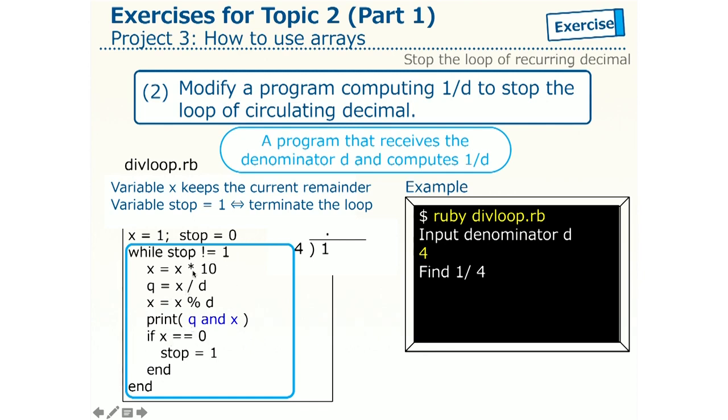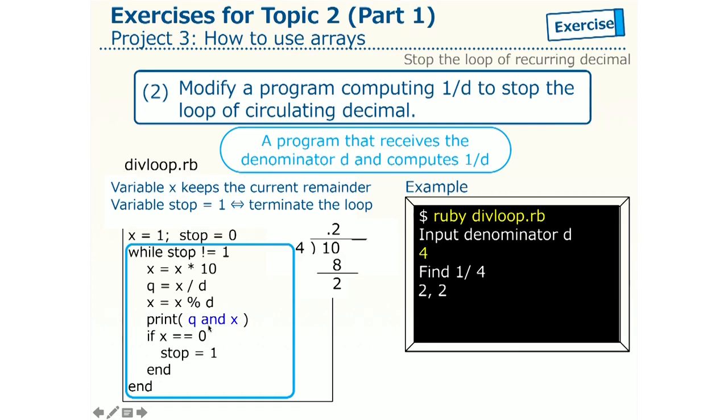First, the value of x is multiplied by 10, which is the actual dividend. Then, in the second line, the quotient x divided by d is computed and stored into the variable q, which corresponds to this calculation. Then here, the remainder of this division is computed and stored into the variable x as a new remainder. This corresponds to this calculation. Then, by this print command, the values of q and x are displayed like this.